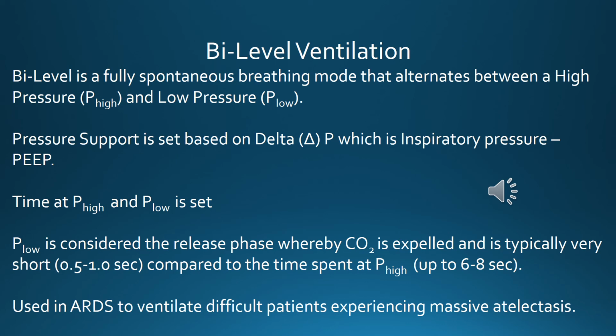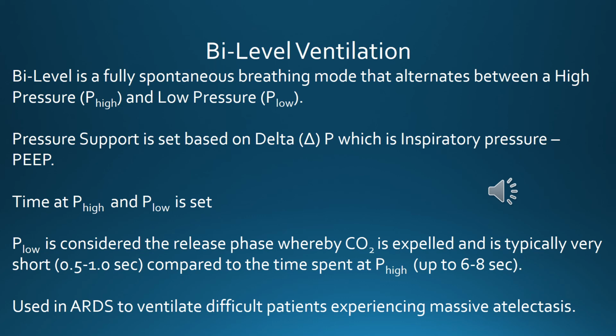It alternates between a high pressure, which is P high, and a low pressure, P low. You set the pressure support so as they're spontaneously breathing, they get pressure support with each of those breaths, but they do it all from the P high mainly. You're able to set how much time they're at the high pressure and how much time they're at the low pressure.